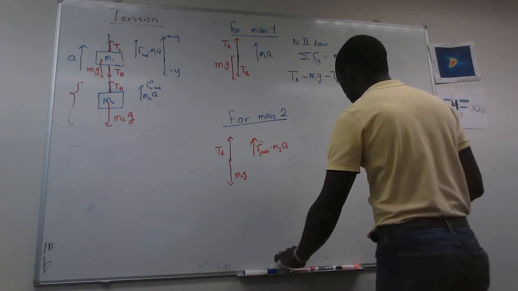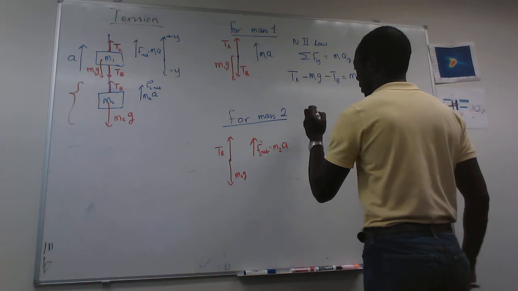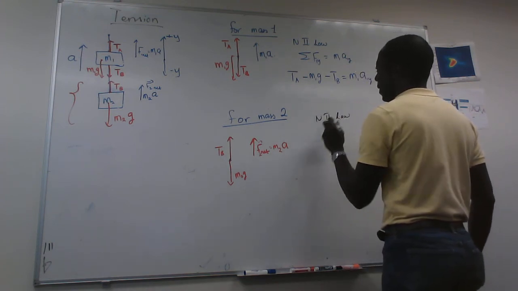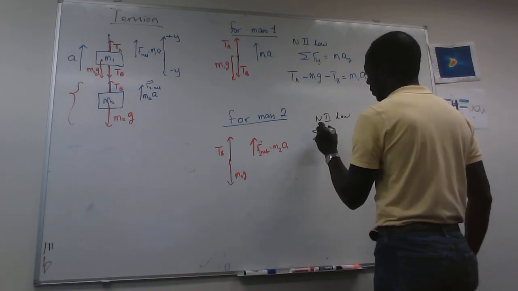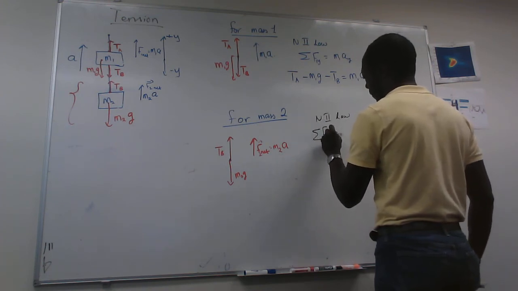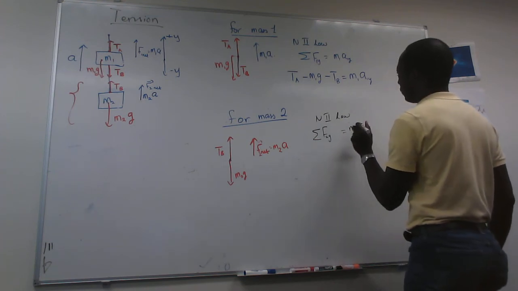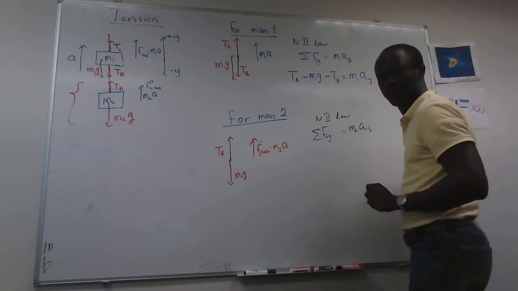So again, applying Newton's second law, the sum of the forces on 2, so F2y, have to be equal to the mass 2 times this acceleration in the y direction.